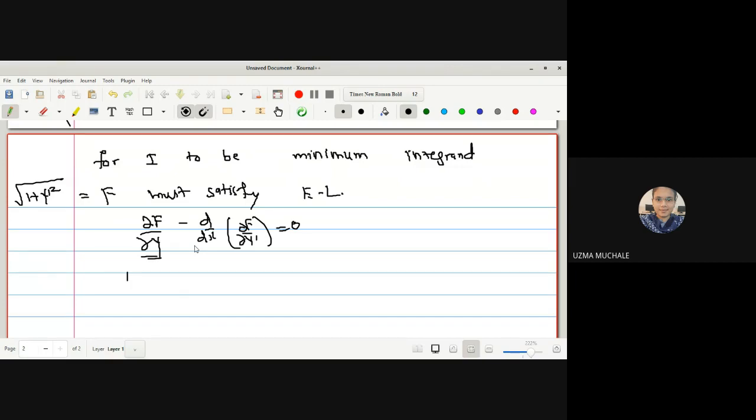What about the next term? What is ∂f/∂y'? 1 upon 2 root 1 plus y' square into 2y'.